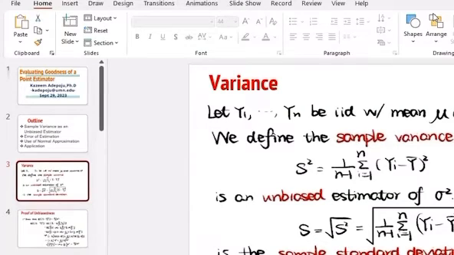Why is it not showing well here? Give me 1 second. Let me see.